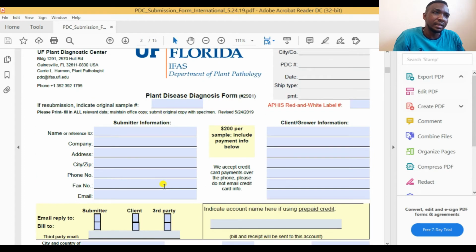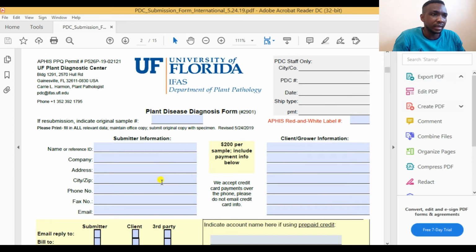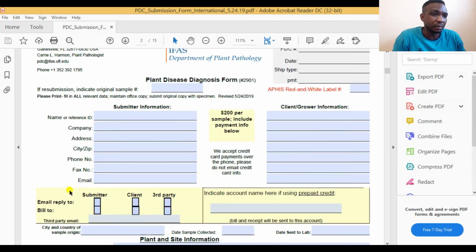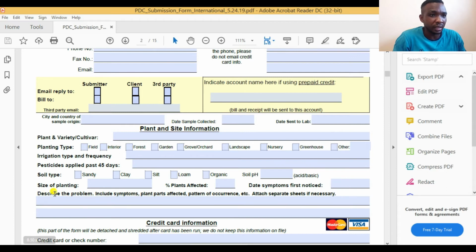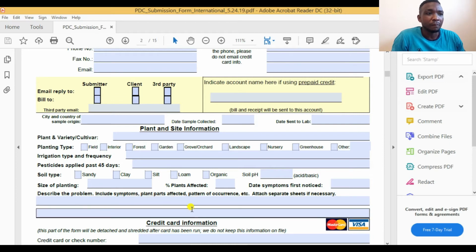So basically, this form tells everything about where it is coming from, the plant sample itself, and what you are observing. Here it says describe the problem, include symptoms, plant part affected, and so on. So you'll explain what you are seeing here.